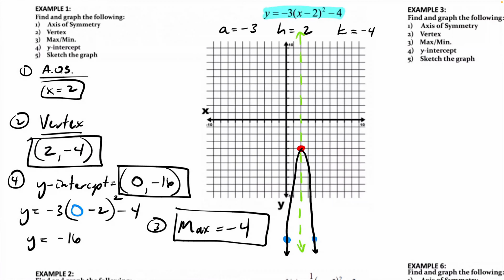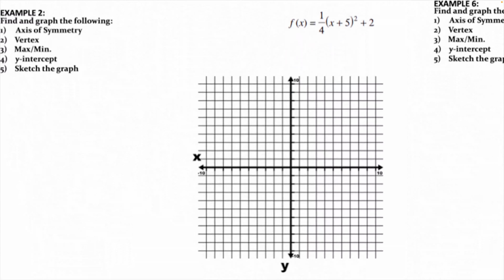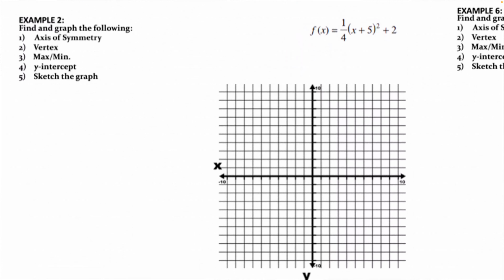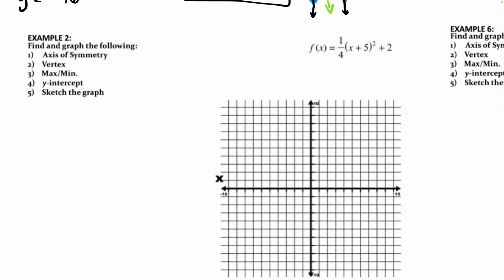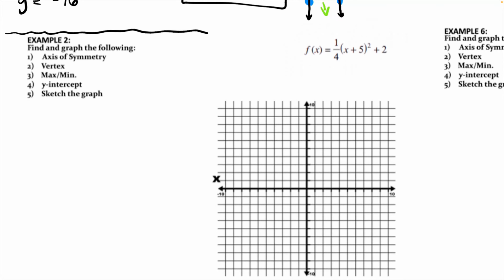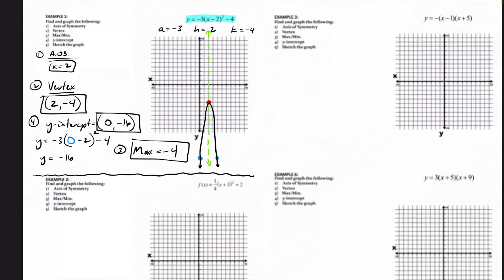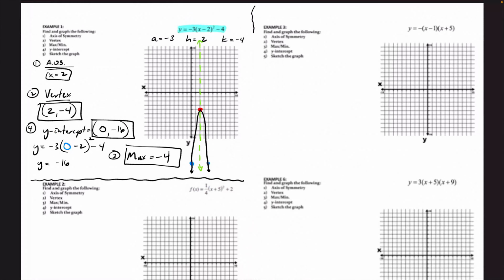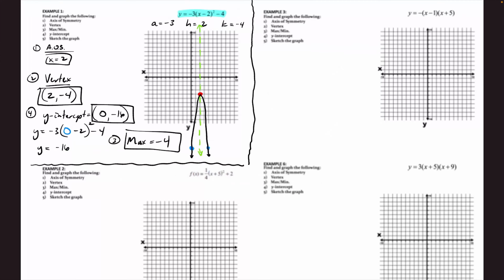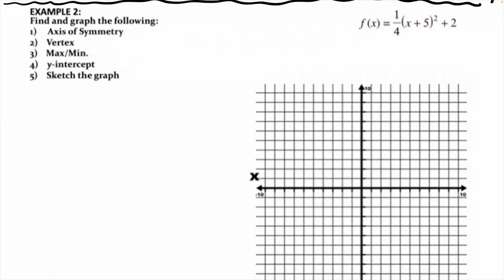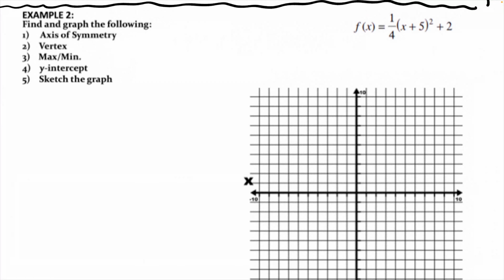Okay. Let's look at number 2. It's also vertex form. Yeah, 1 and 2 are both vertex form. Okay, so tell me what A, H, and K are. Write that down. Fourth, yeah? 1/4, yeah.